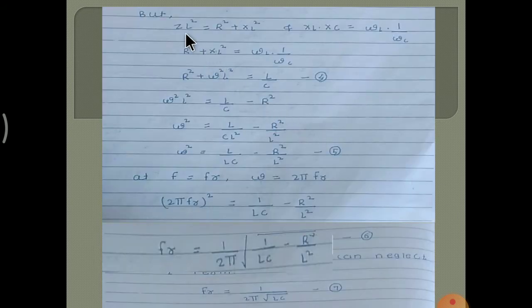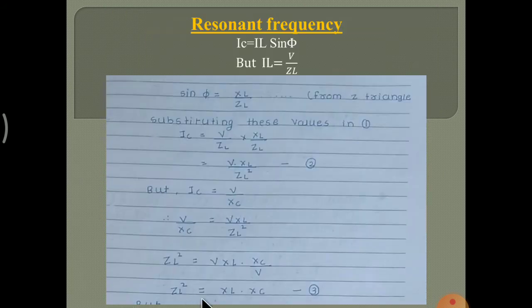Next, ZL square is equal to R square plus XL square, and XL into XC, where XL means omega L and XC means 1 upon omega C. So put all these terms in this equation.